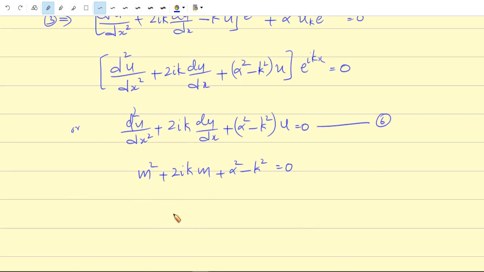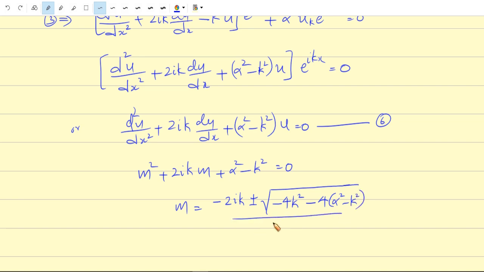Therefore, m, the root of this equation, is m is equal to minus 2ik plus or minus root of b square minus 4ac. b square is (2ik) whole square, so this will become minus 4k square minus 4 (alpha square minus k square), all divided by 2a.